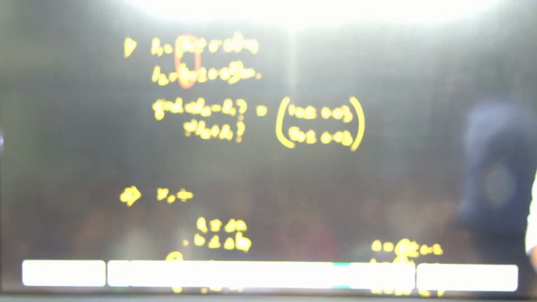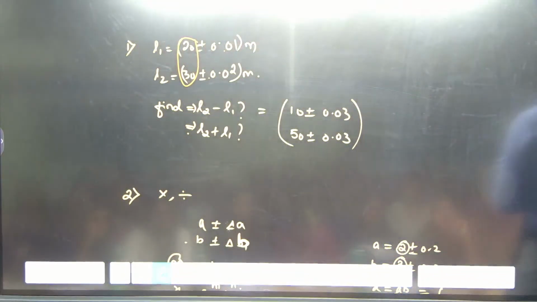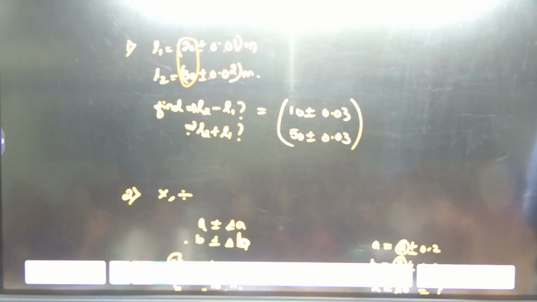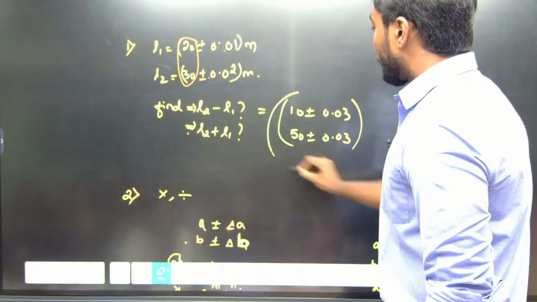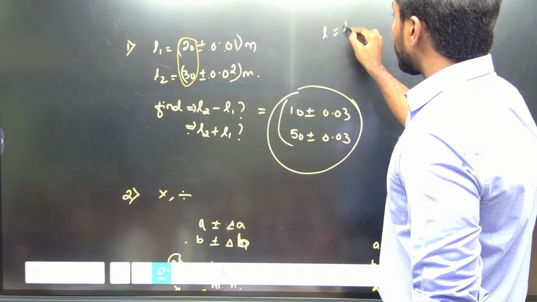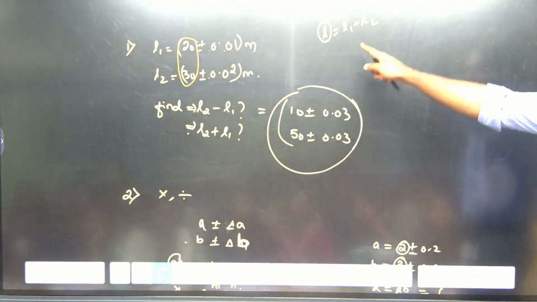Like in this question, L1 and L2 they have given, no? If they are asking the percentage, what should I do? We got the values, no? Here L is equal to L1 plus L2. They are asking what is the percentage of L for the addition.